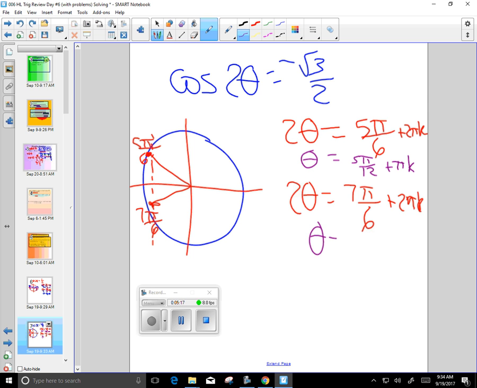And this one's going to be 7 pi over 12 plus pi k. Are you seeing the patterns here? And so it'll be 5 pi over 12. Is that about here? And then this one, 7 pi over 12, will be about here, I think. So now you're going to get 4 of those.